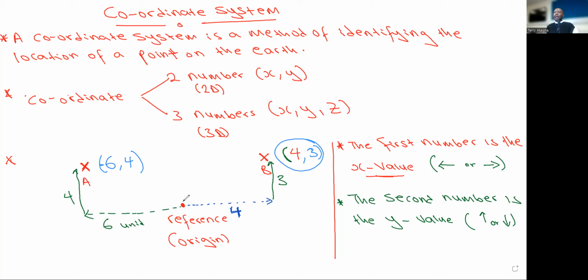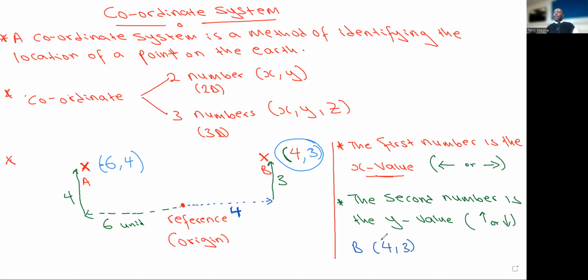So if I have this point of reference, which is the origin, for me to get to point B, I need to move 4 units to the right and 3 units up. So I can now say this B has a coordinate of 4 and 3. Is that making sense?